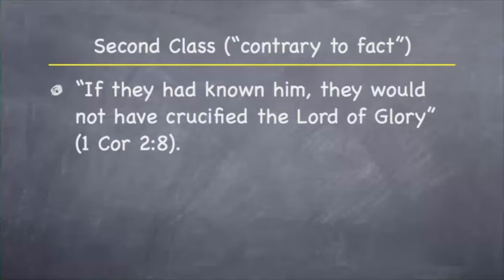He said, if they had known him, they would not have crucified the Lord of glory. Okay. If they had known him, well, we know they didn't know him, but if they had known him, then they wouldn't have done this, okay? So there's the contrary to fact.